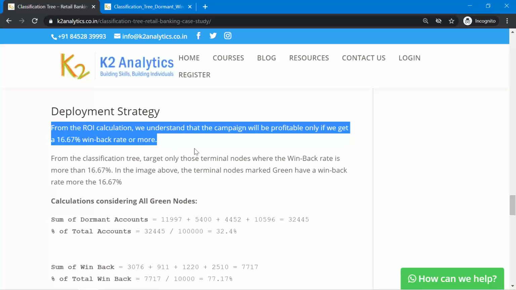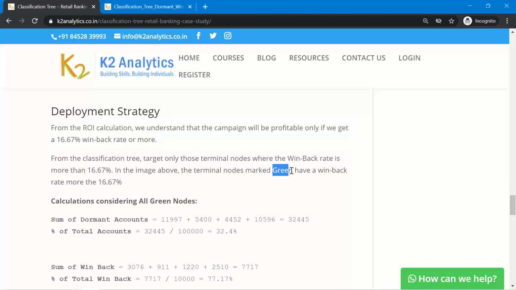Those nodes we have already marked as green in our classification tree plot above. In the green nodes, the dormant accounts are 11,997 plus 5,400 plus 452 plus 10,596, that is 32,445. So rather than targeting 1 lakh customers, rather than targeting 100% of the dormant base, we should target only 32% of the dormant base.